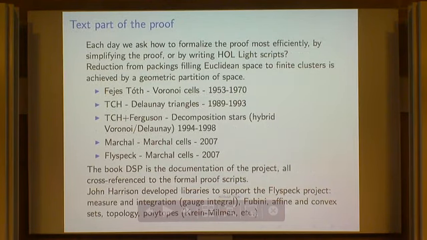Okay, so I'll start out talking about the text part of the proof. I just threw up this sentence at the beginning here: each day we ask how to formalize the proof most efficiently. I simplify the proof rather than writing whole new proof scripts.